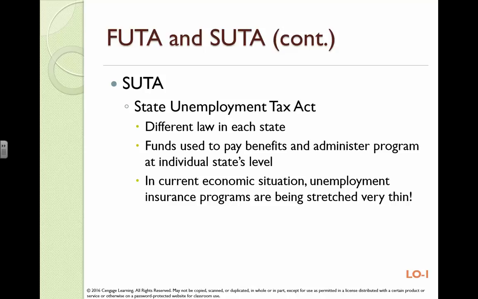Whole SUTA programs had gone broke, and we're going to see what happens when, like Michigan, Arizona, Nevada, Ohio, California, their programs went broke because they were paying out so much in unemployment benefits. Things are definitely on the rebound, and we're going to see when we look at the rates that states have kind of stabilized their programs, and they're not charging such exorbitant rates anymore.